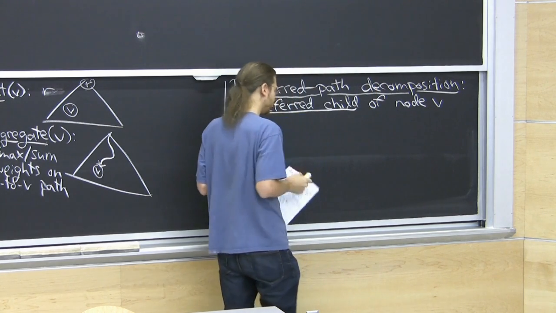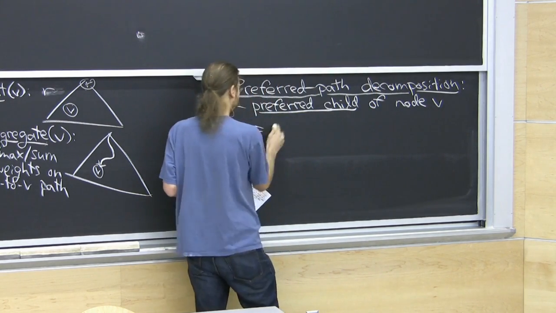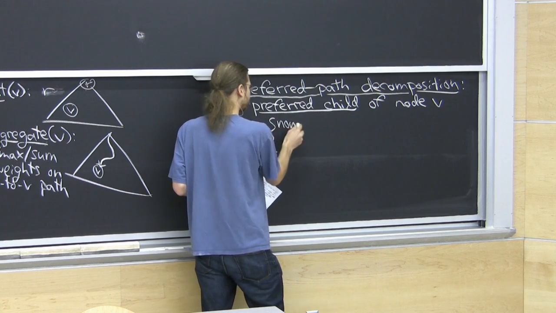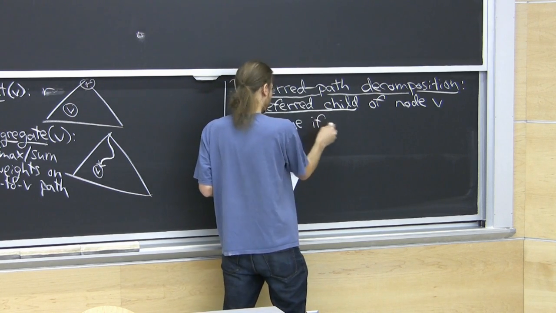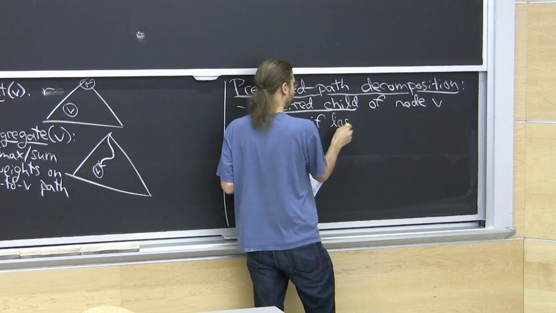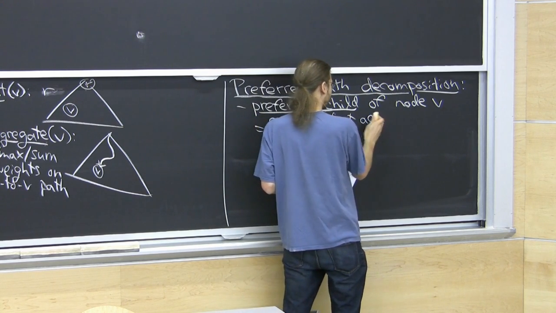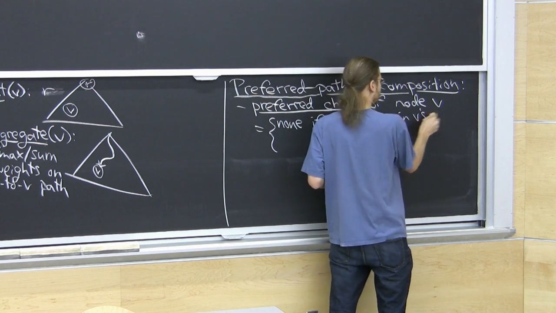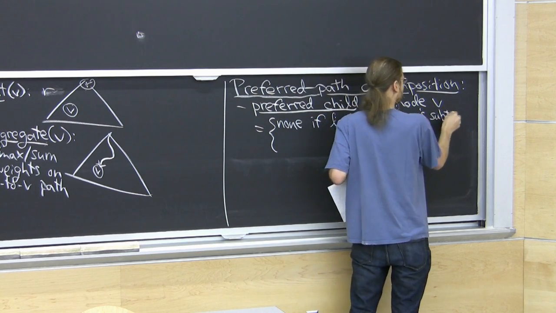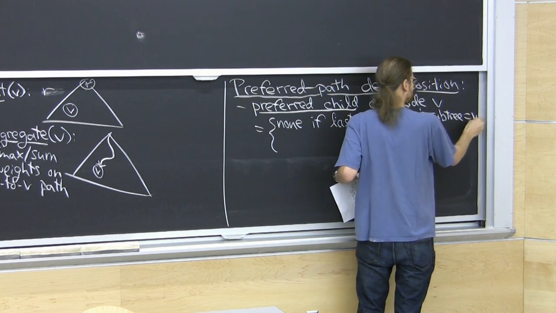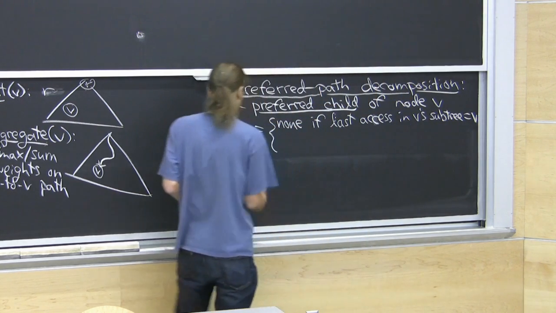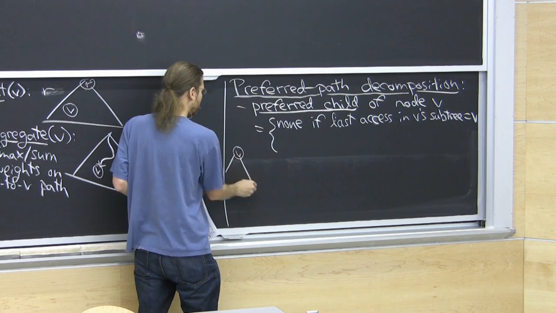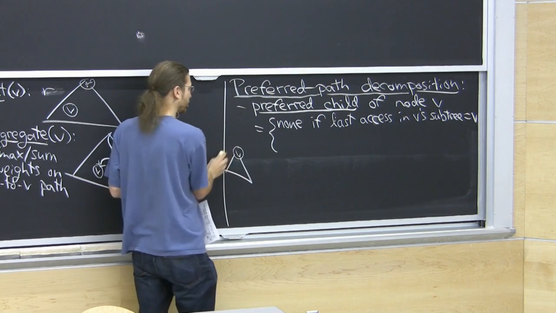There's a notion of a preferred child of a node, and there's going to be two cases. There isn't a preferred child if the last access in V's subtree is V. So we have some node V. Now this is relative to the represented tree.